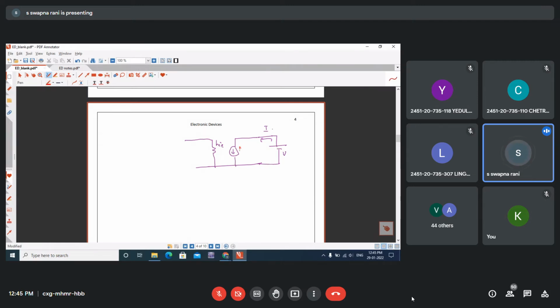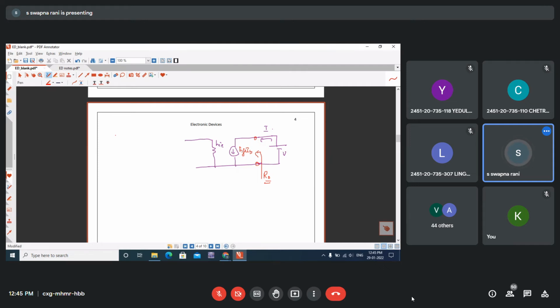Now, if this is HFE into IB, what is the impedance you can see here? That is R1. What is the impedance you can see here? We could see a current source and no impedance. So current source, and there is no impedance we could see from here, right?